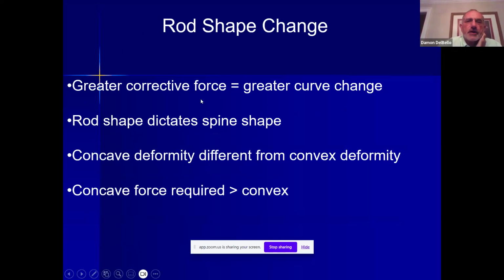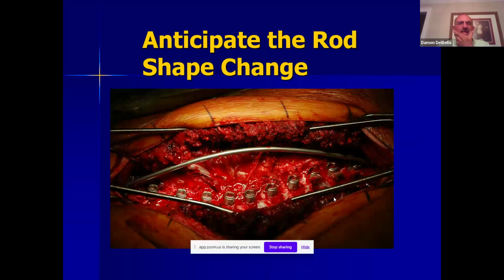So stiffer curves require greater force. Greater force will require more shape in the rod. It will require metals and rod size that is stiffer. And stiff rods require better fixation to the spine. So we want to anticipate how much change, how much bend out we're going to get based on the stiffness of the spine.